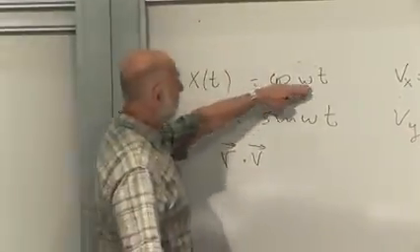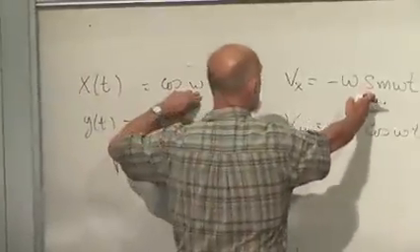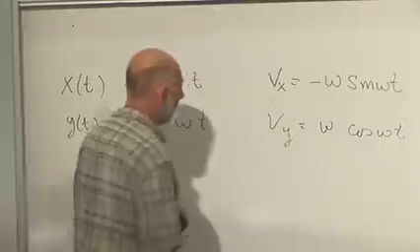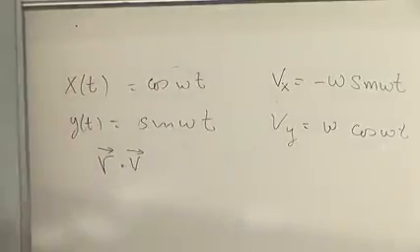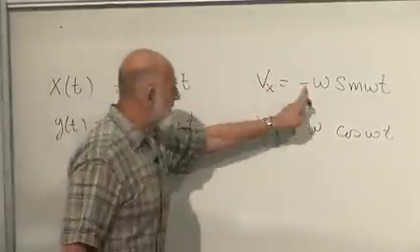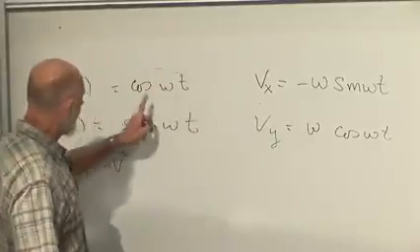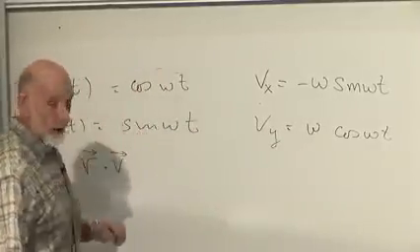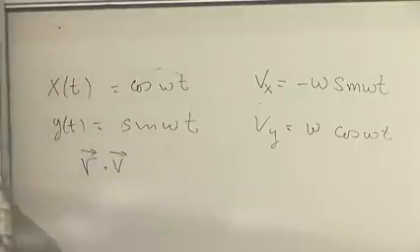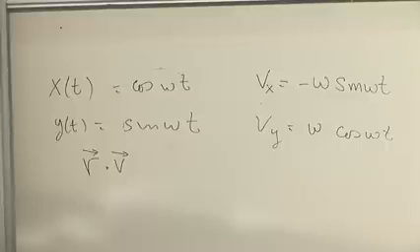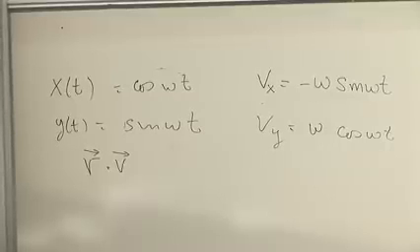So it's cosine omega t times minus sine omega t plus sine omega t times cosine omega t. They cancel. This product here has a minus sign in front of it. This product here has no sign. Both of them have cosine times sine in them. So there's a direct calculation of the dot product of position and velocity, and it's 0.